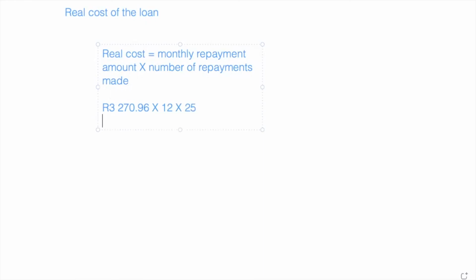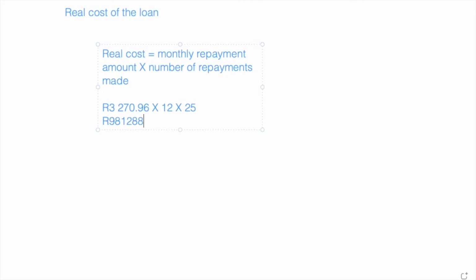Let's use our calculator. It is 3,270.96 times 12 times 25 years. That is 981,288.